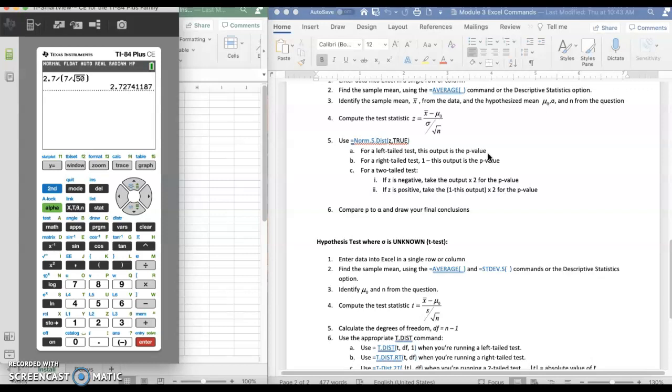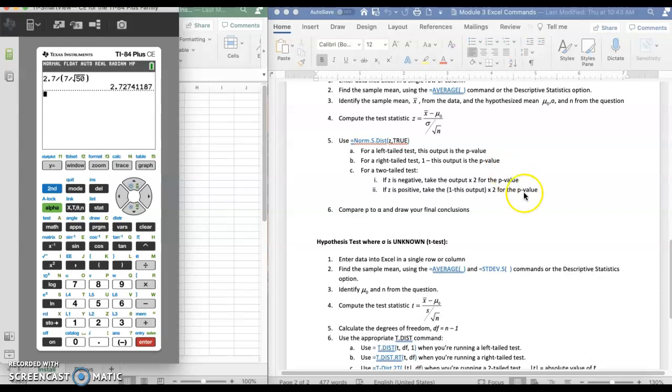If it's a right tail test, you're going to have to take that area and subtract it from 1 in order to get the right tail. And if it's a two-tailed test, notice what you do. If z is negative, you take the output times 2 for the p-value, and if z is positive, you take 1 minus this output times 2. So I'm not going to go through every single one of those scenarios. That's your directions right there for what to do.